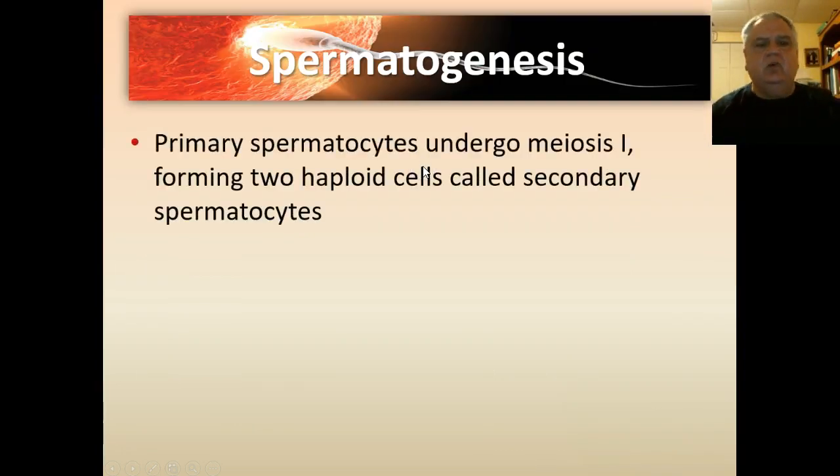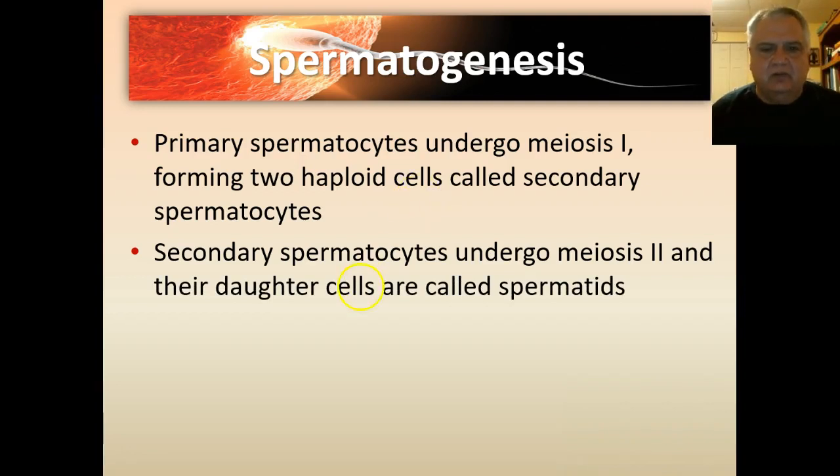All right, let's continue on. Now, primary spermatocytes will undergo meiosis 1, a first meiotic division, and they will result in the formation of two haploid cells called secondary spermatocytes.